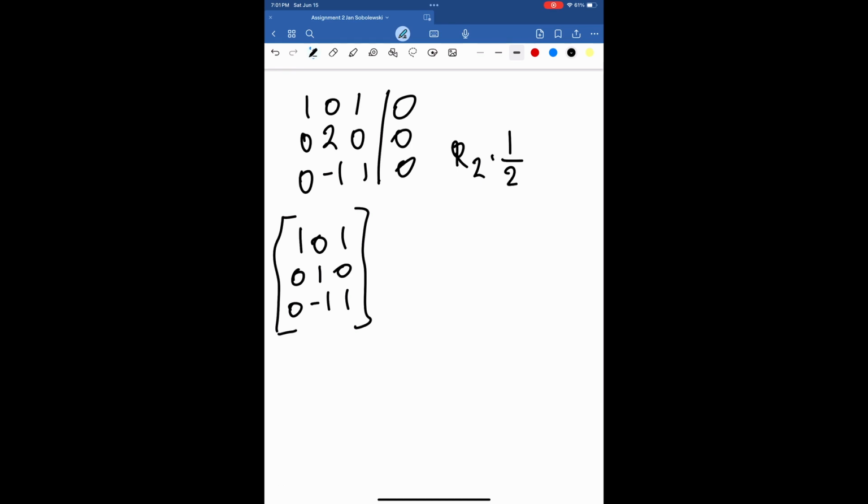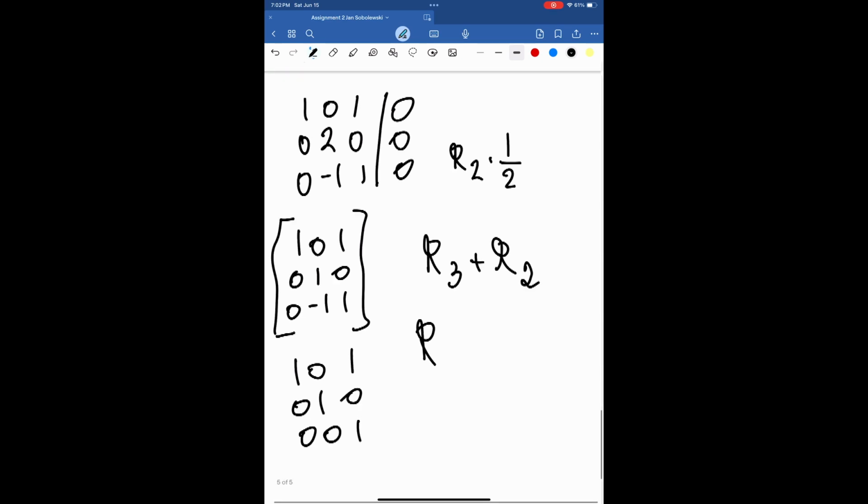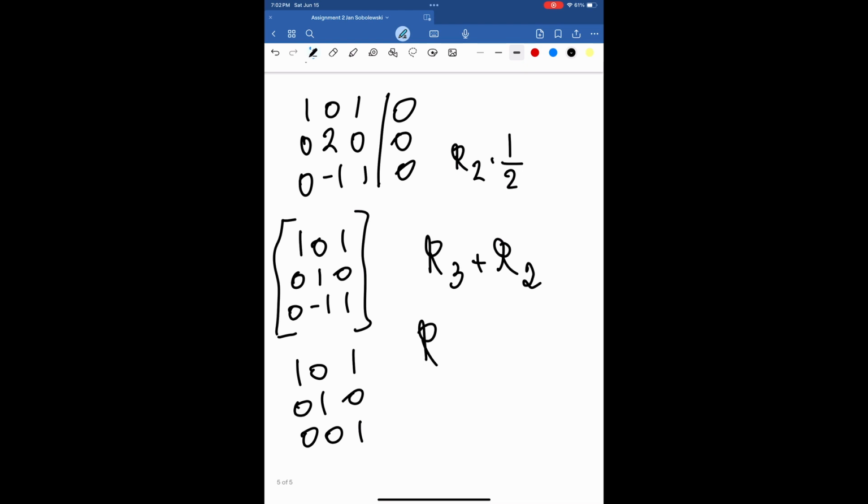Now we can just do R3 plus R2. Now we have a very nice system. To make sure it's clean and simple, we can do R1 minus R3.